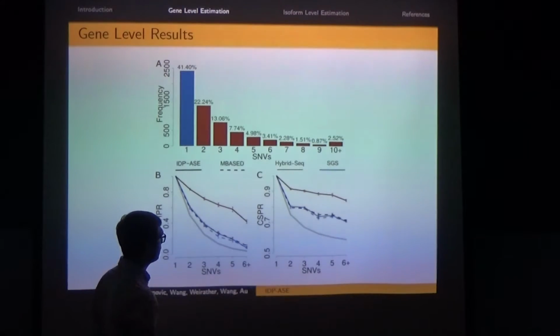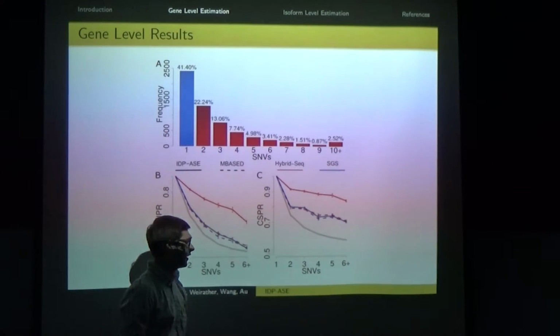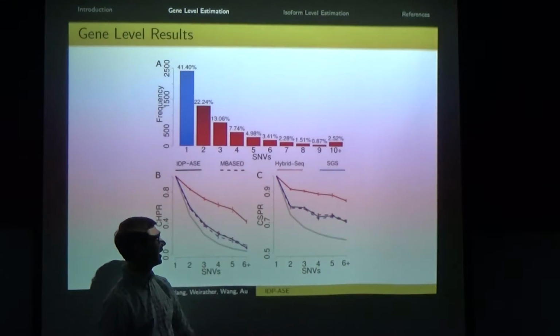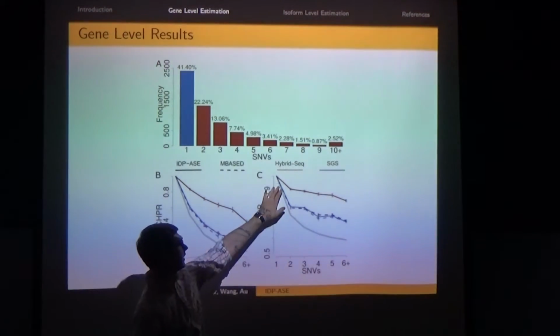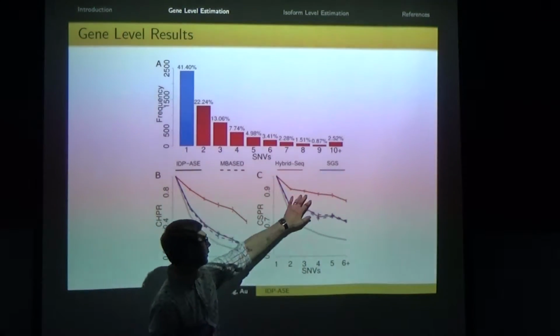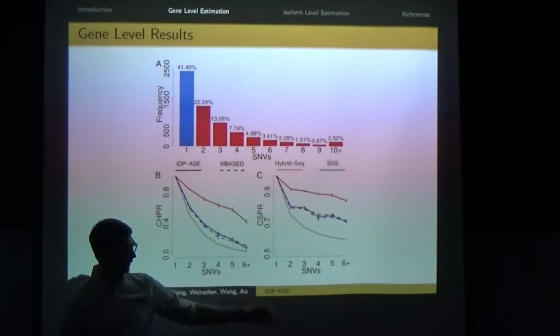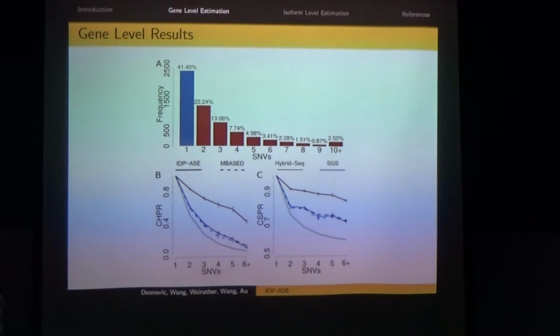The story is very similar for the correct single nucleotide variant phasing rate, as you can see from this plot. And you can see that IDP-ASE is able to correctly phase about 90% of the variants, no matter how many variants we have in a gene.